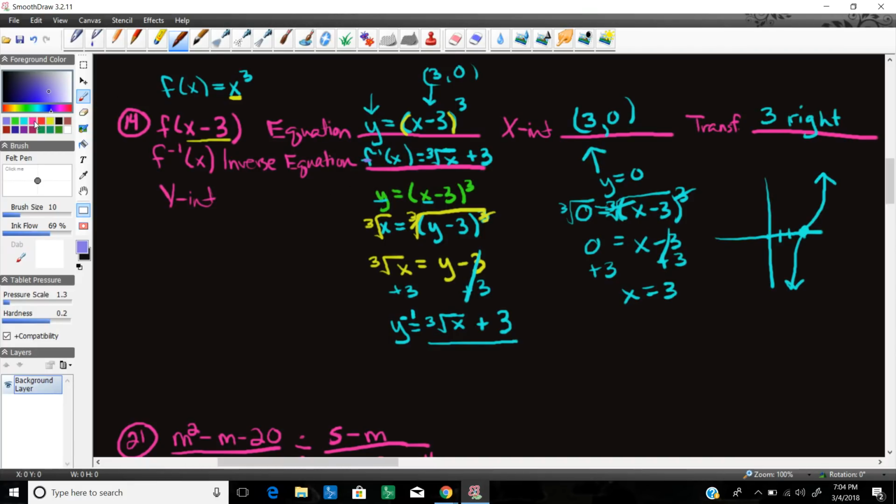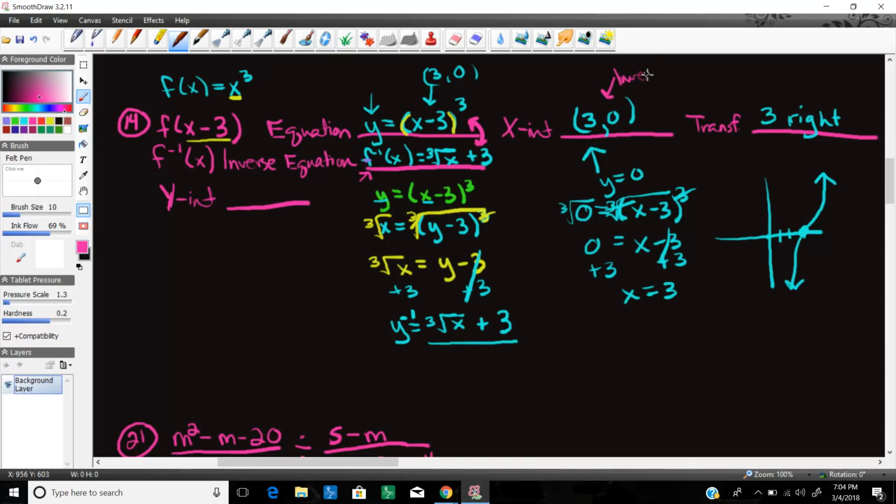Last part for this, they're asking you for the y-intercept. So for the y-intercept, we are looking for where this one crosses the y-axis. If you remember, a long time ago, we did talk about this. Pretty much because these two right here are inverses of each other, that means that the x-intercept is the inverse of the y-intercept.